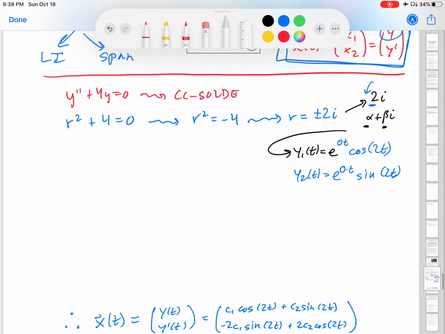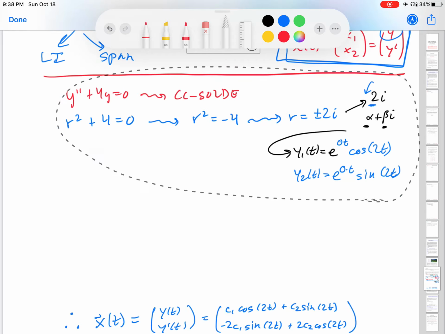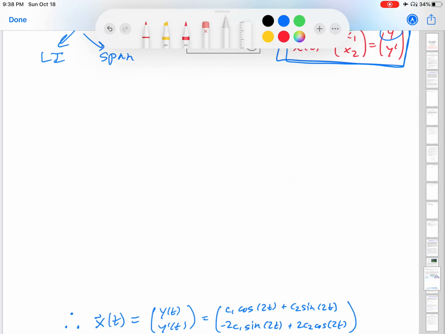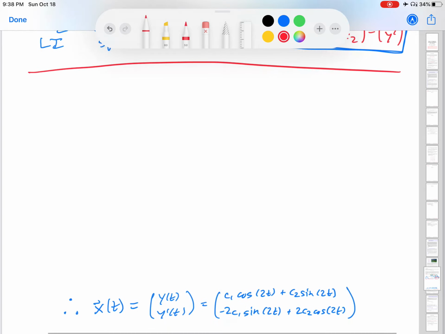What we have just found is going to help us do that, because we can now rewrite the set V as the set of vector valued functions that look like this. So I'm going to take this representation of V, and decompose x of t.